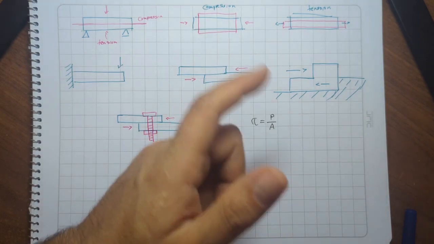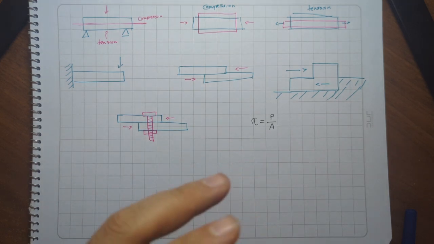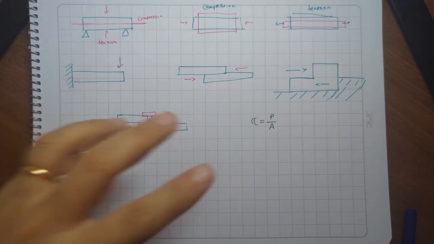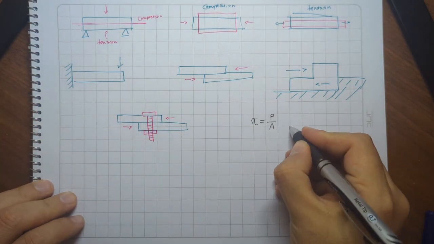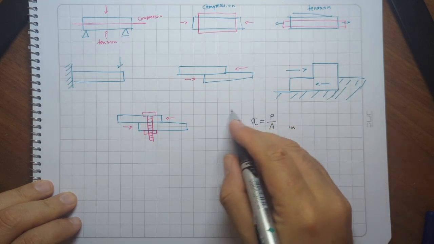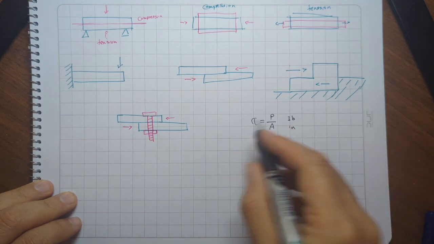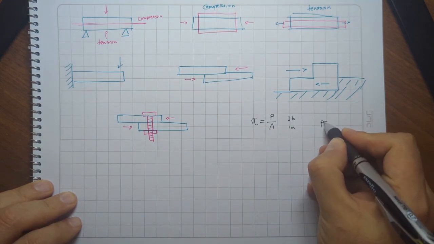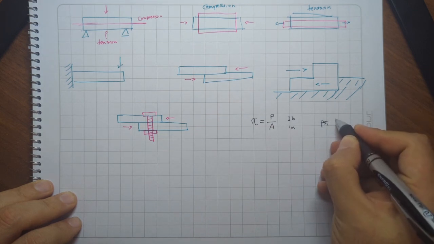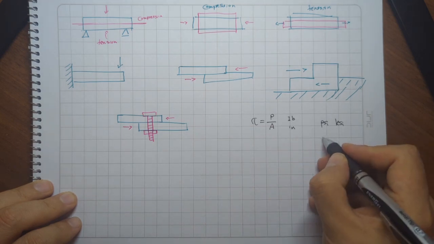P, as we always had it, is the external applied shear force, and A is the area over which the stress develops. And if we have A in inches and P in pounds, the tau is going to be, of course, in PSI or KSI in the American system.